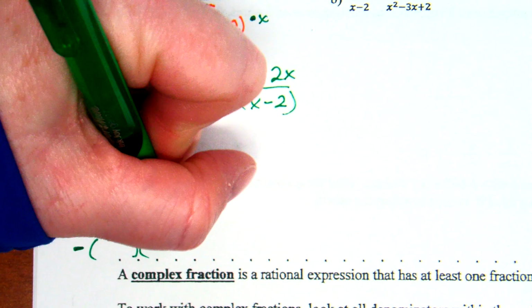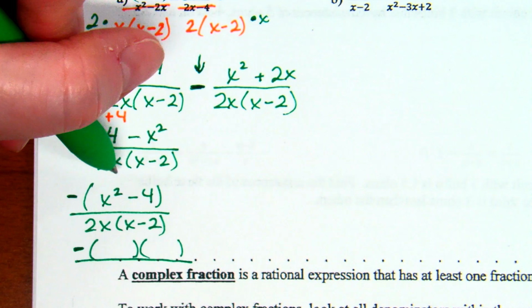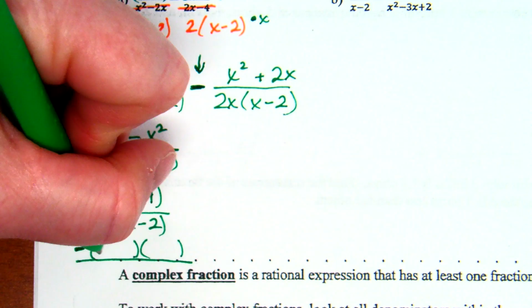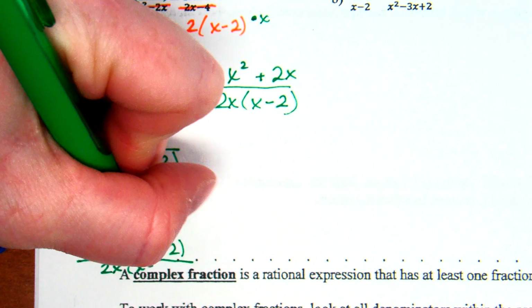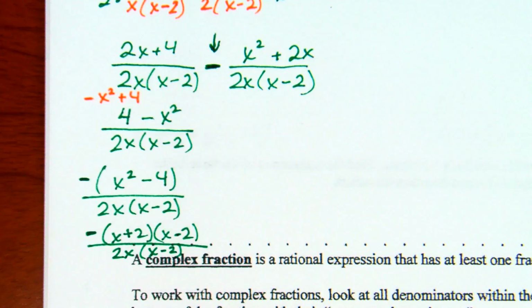X squared minus 4 is going to break into x and x. 4 breaks into 2's, and the signs are plus minus. On the denominator, I have 2x times x minus 2.